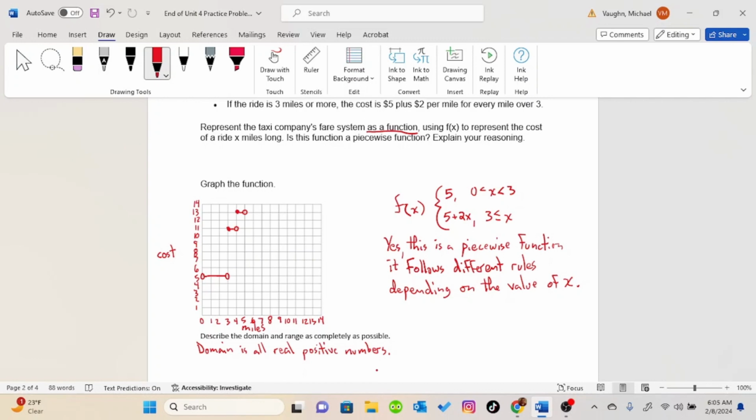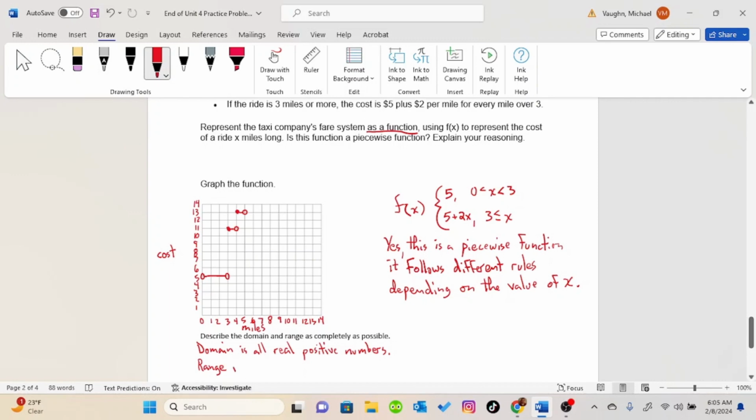Then they want us to describe the range. Well, the range refers to the possible output values. And here we have a step function.